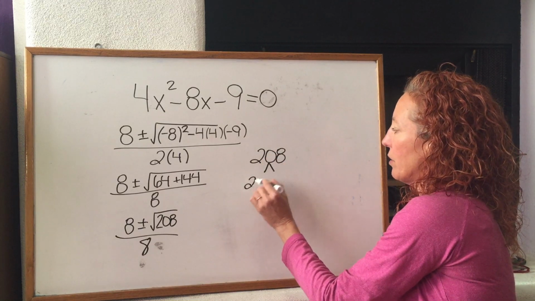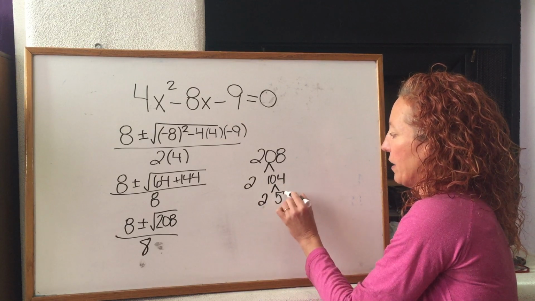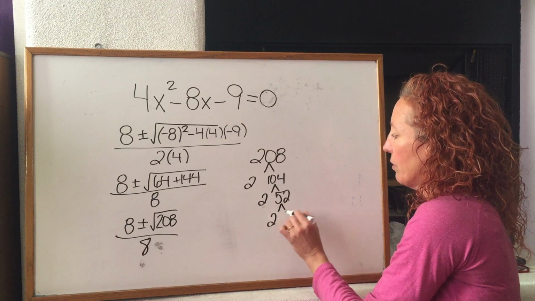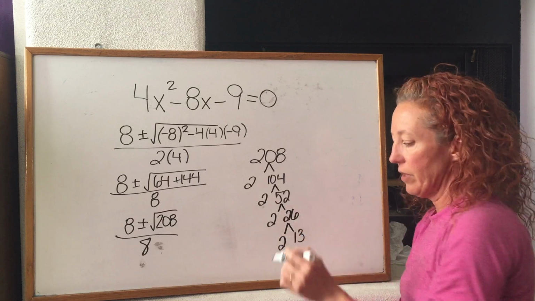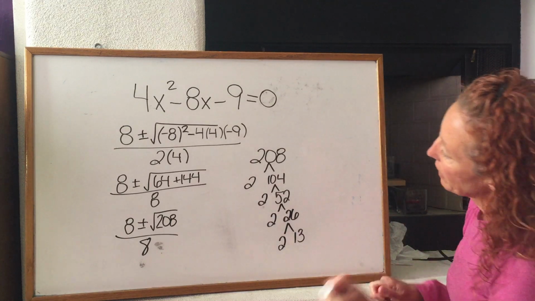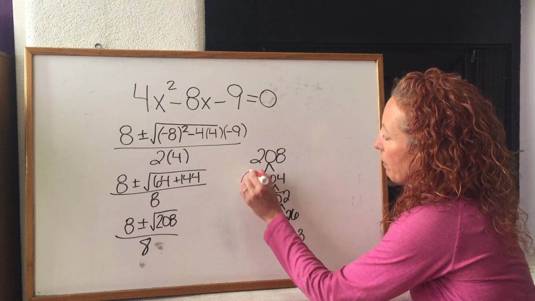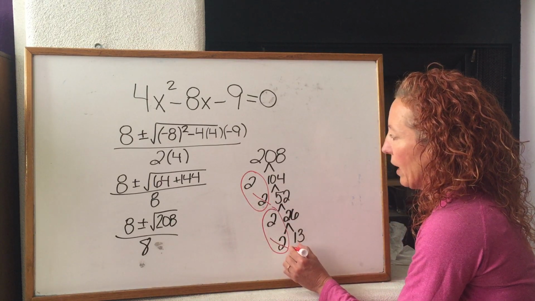So 208 is 2 times 104, which is 2 times 52, which is 2 times 26, which is 2 times 13. So we're taking square roots, so make sure that you circle your pairs. I have a pair of 2's, one guy cancels. I have another pair of 2's, one guy cancels.